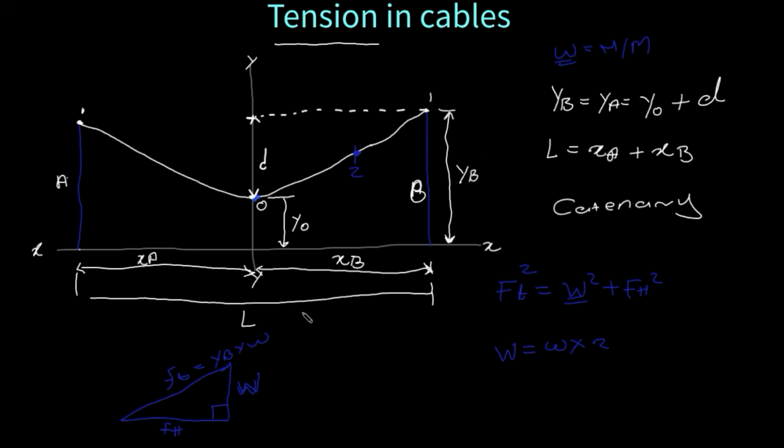Therefore, our equation for W is equal to w times the length. And then this one is going to be yo times w. We can therefore come back to our Pythagoras theorem and substitute.